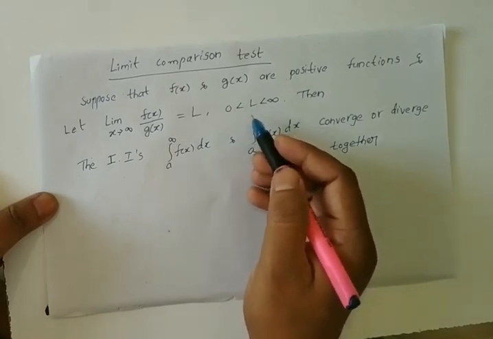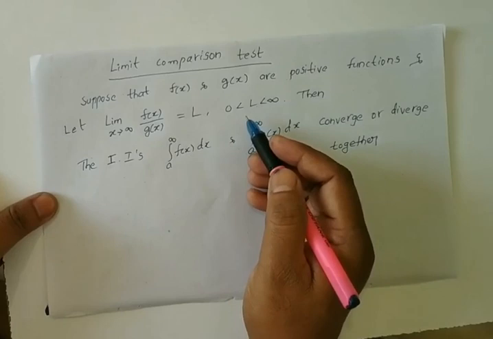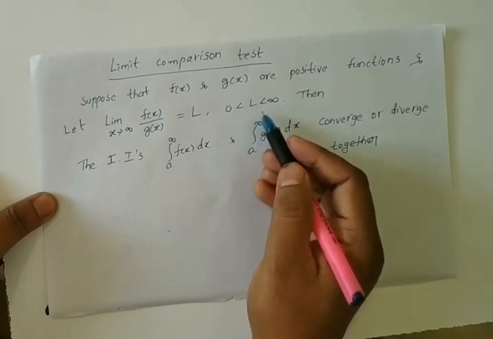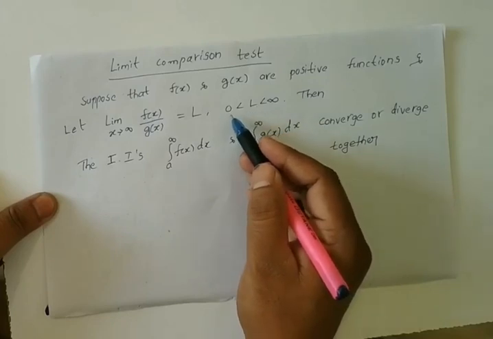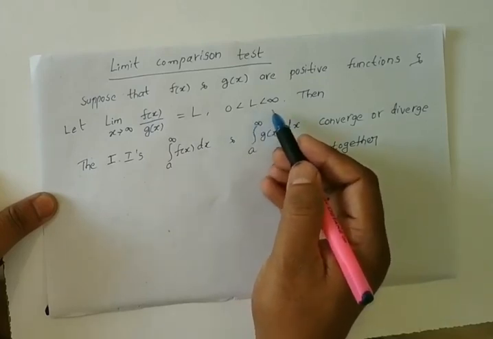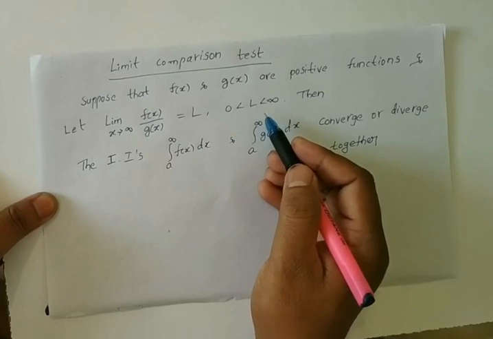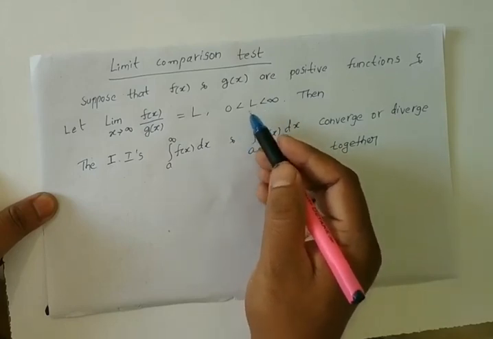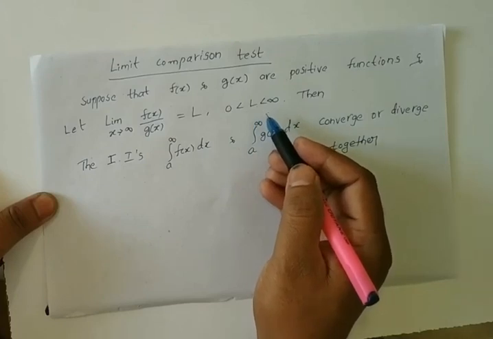You can observe here 0 less than L less than infinity, which means that L is not equal to 0 and L is not equal to infinity. That means L is not equal to 0 and L is a finite number.